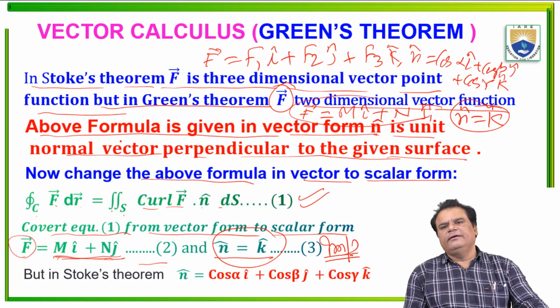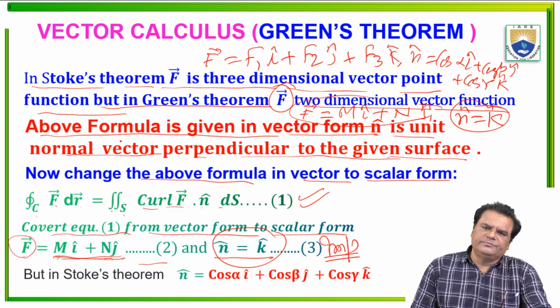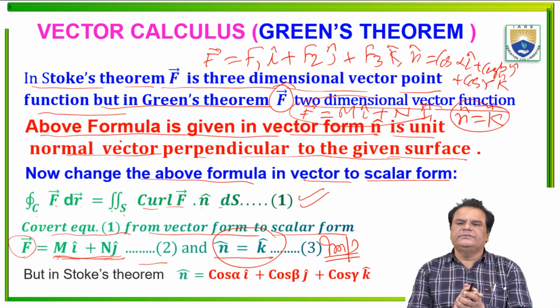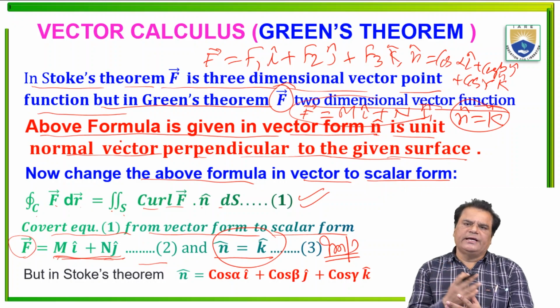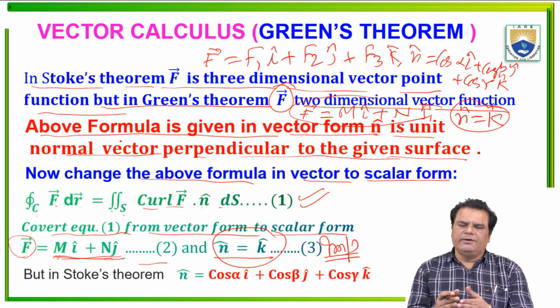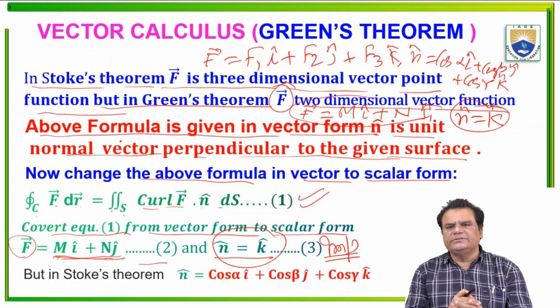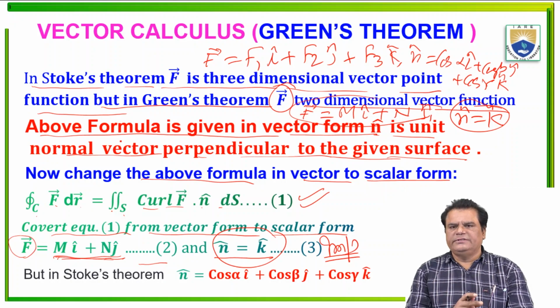N vector, the unit normal vector, is equal to k unit vector. Both are the same because the direction of the unit normal vector is along the z-axis. And along the z-axis, the k vector lies. K vector is working along the z-axis and the unit normal vector n is in the direction of k.